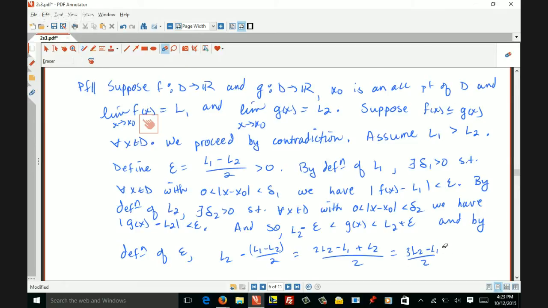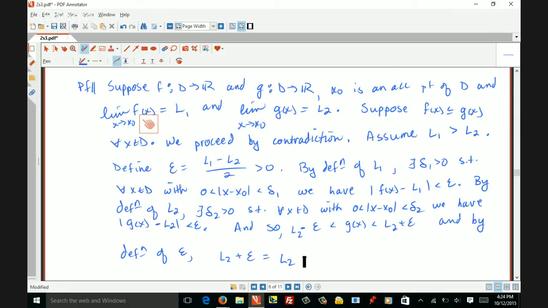So let's do the other one. In proofs, we don't put any extra work than we absolutely have to. So let's look at L2 plus epsilon.